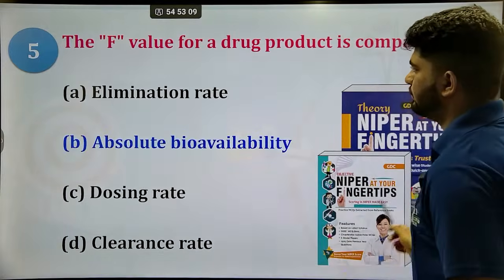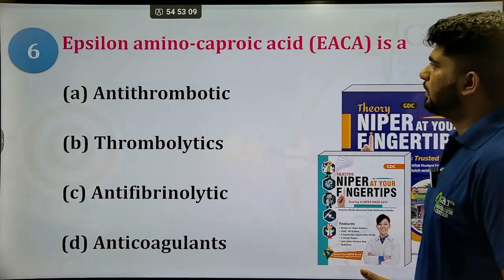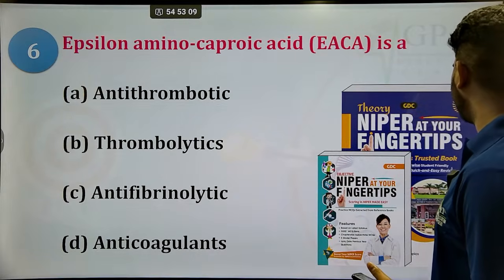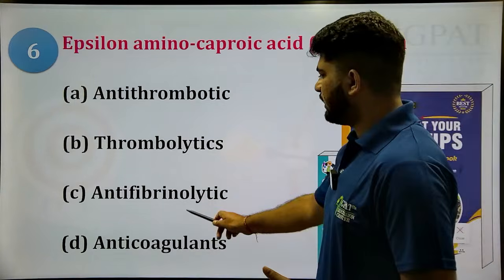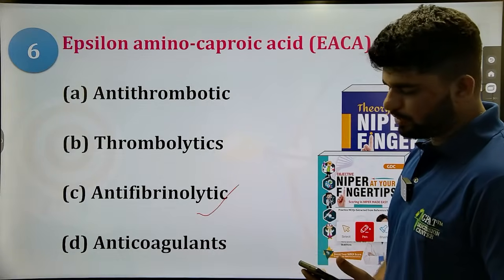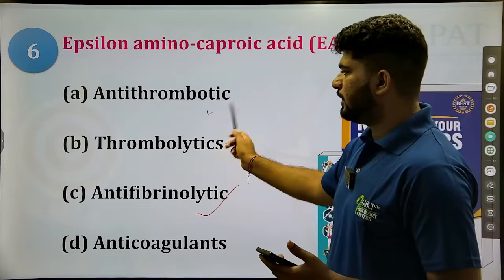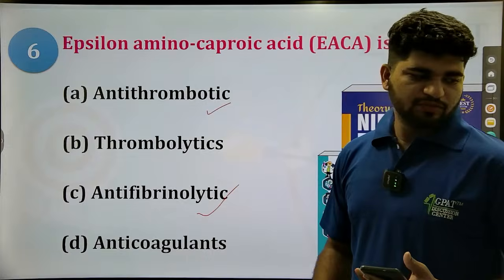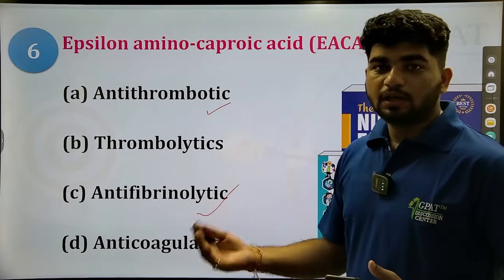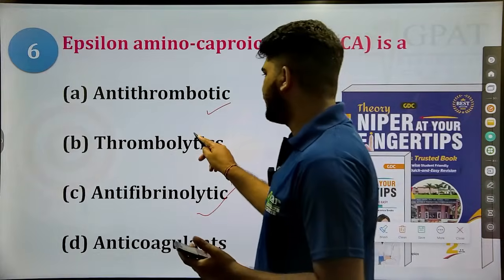Okay, let's go ahead now. Epsilon aminocaproic acid is what? It is nothing but your antifibrinolytic agent, right? Antithrombotics, thrombolytics, which you can say are like antiplatelets as well.